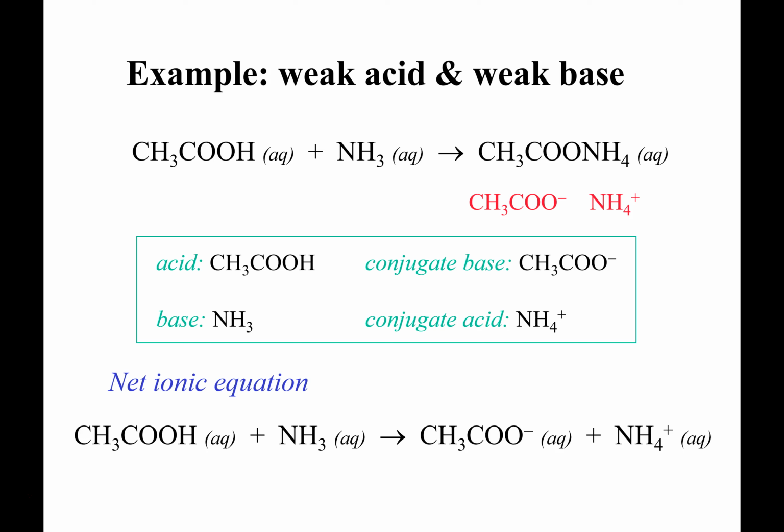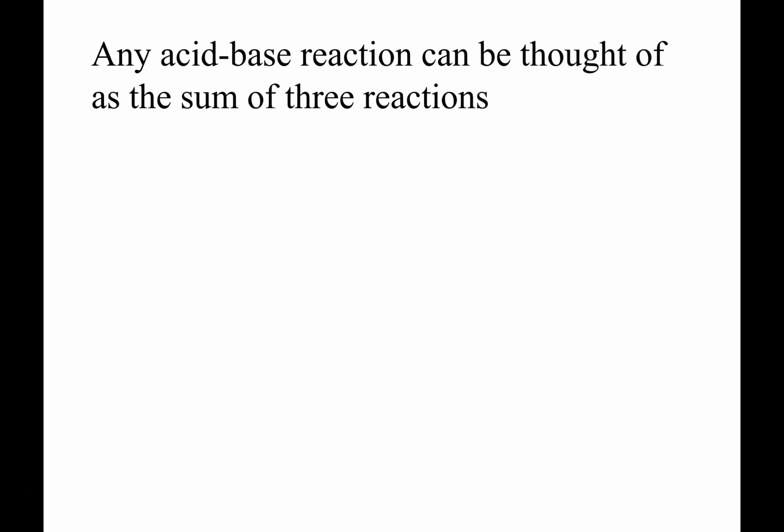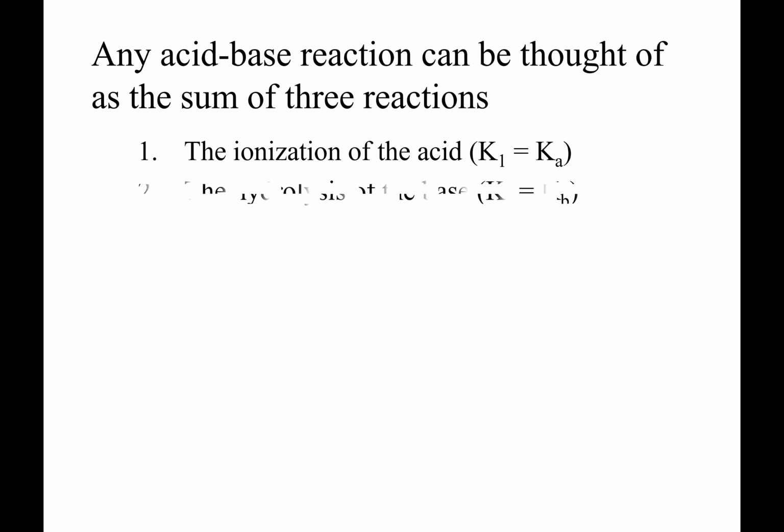Okay, so chemistry going on behind the scenes. In a titration, I know this says acid-base reaction, but in any acid-base reaction, we can think of three things going on. Actually, the overall reaction is the summation of three things going on. One is the acid kicking off a proton, the ionization of the acid.